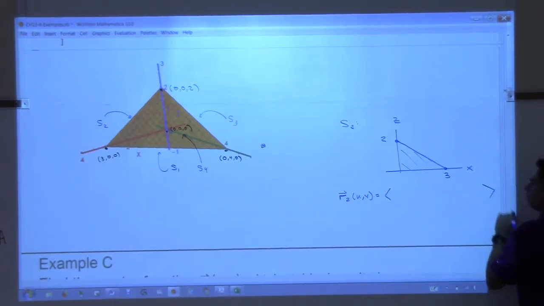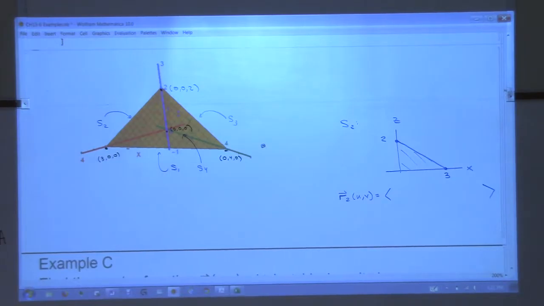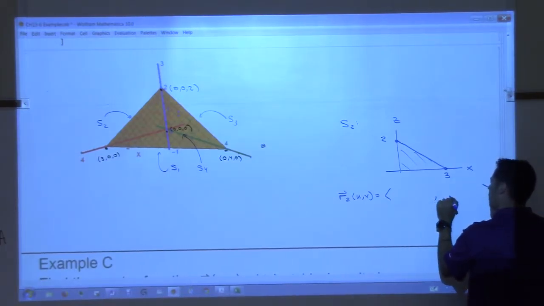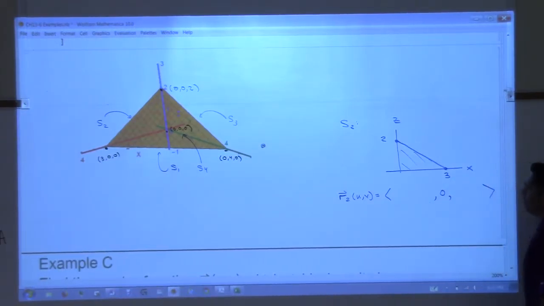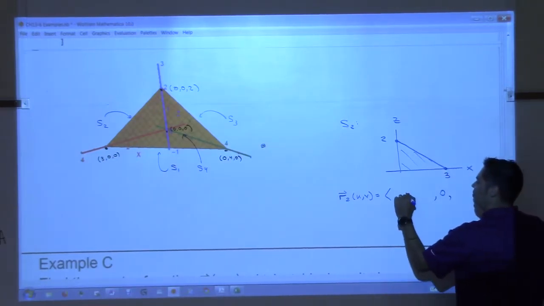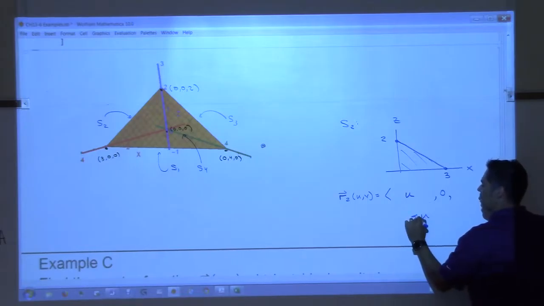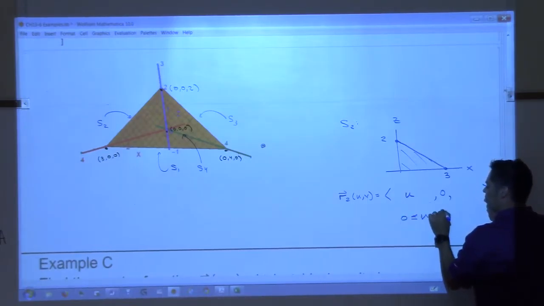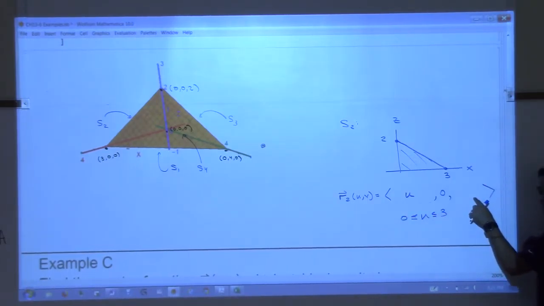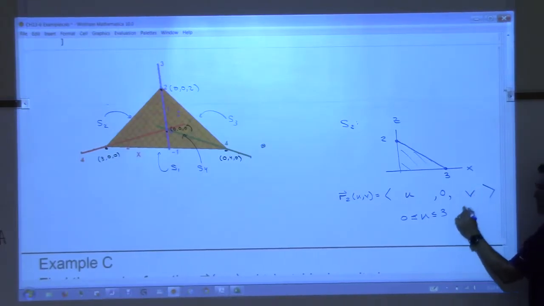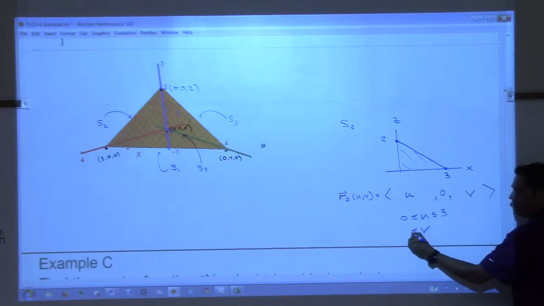Okay, now here, what can we say about this second surface, r subscript 2, which is the easy part here? y is 0, because you're in the xz plane. Then what are you going to let the x be? x is just going to be u, and u will go between 0 and 3 again, and let your z this time be just v.